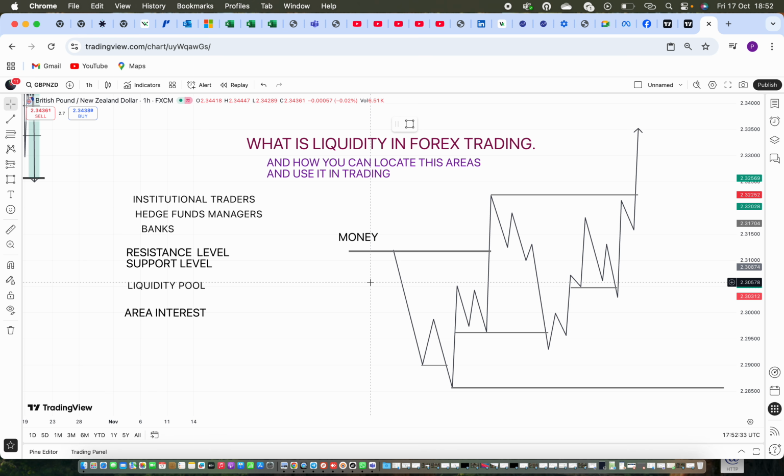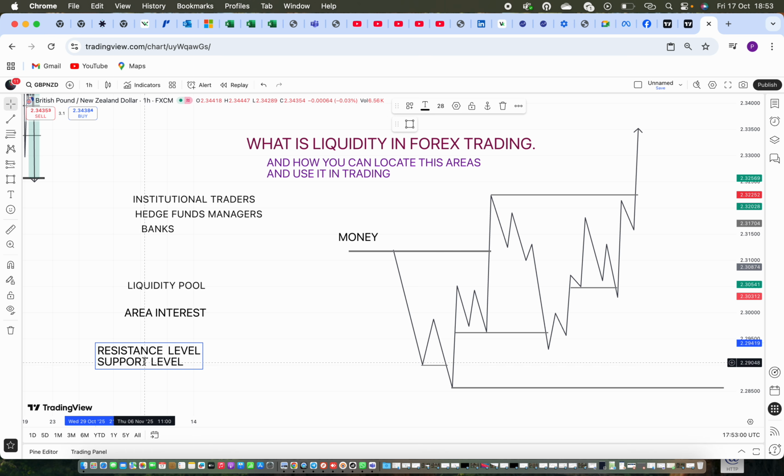Now, one thing I can explain is that after every break of market structure, price will always leave some sort of liquidity. Some levels where you will need to look for liquidity are the resistance level or support level. These are some of the major levels where you can spot liquidity.